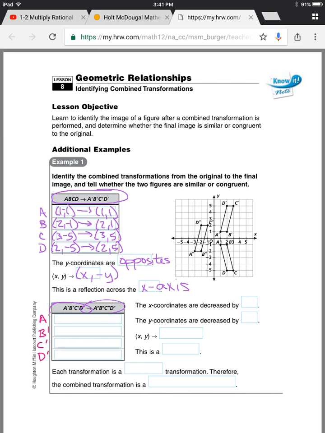Okay, so A prime is 1, 1, which we already know from above, so we can just copy those down. B prime is 2, 1. C prime is 3, 5. And D prime is 2, 5. And I got those from here real quick because we're looking at the same image.